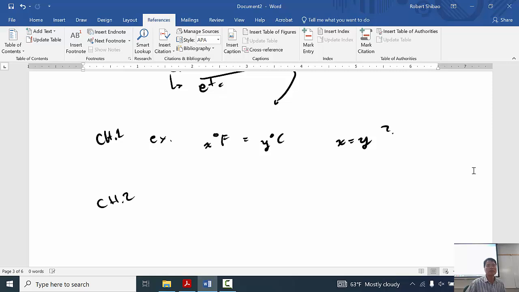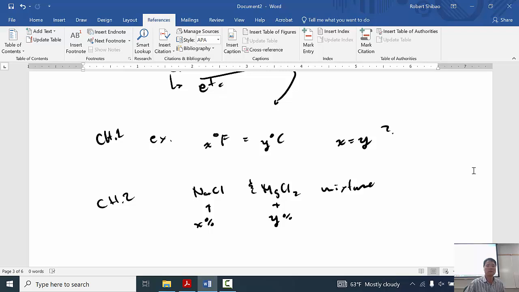In chapter 2, there's one example with, I think it was, a sodium chloride and magnesium chloride mixture. And so the 2 unknowns were, what is the percent sodium chloride and what is the percent magnesium chloride in the mixture?